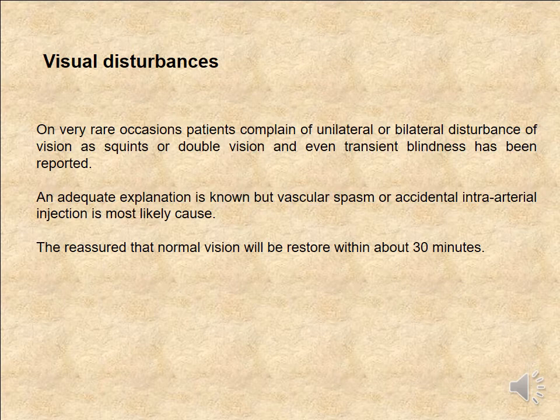An adequate explanation is not known, but vascular spasm or accidental intra-arterial injection are the most likely causes. The patient should be reassured that normal vision will be restored within about 30 minutes.